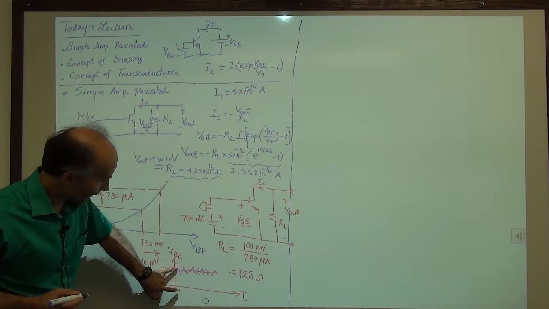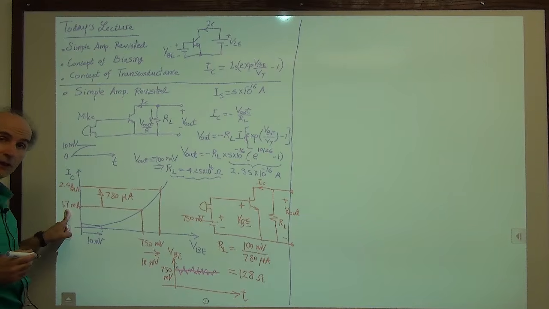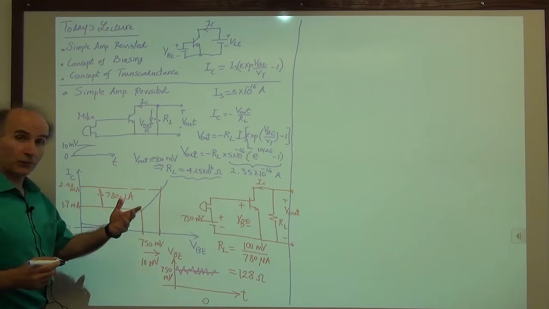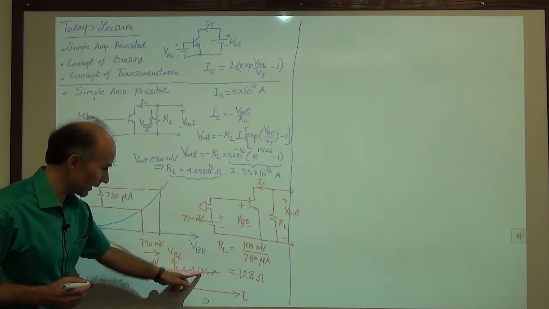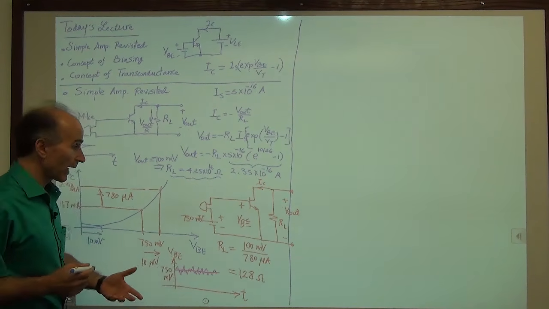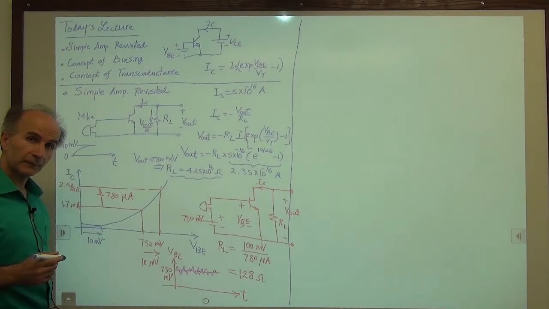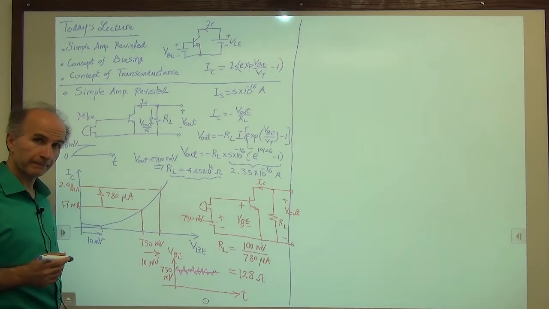Because we already have 750 millivolts and hence 1.7 milliamps of current, the transistor has enough strength in it, so to speak, that it can take this tiny fluctuation of, let's say, 10 millivolts and give us a large voltage at the output. All right, so this is a very important concept.